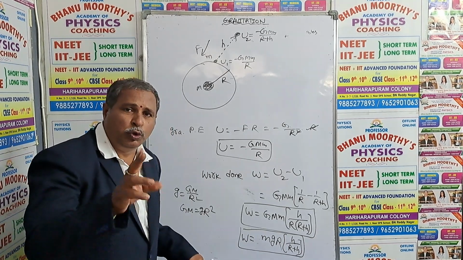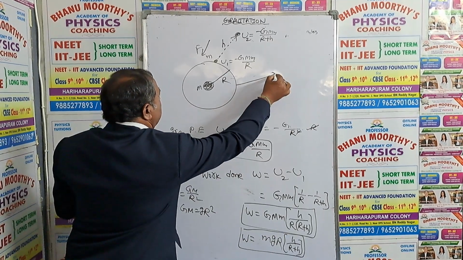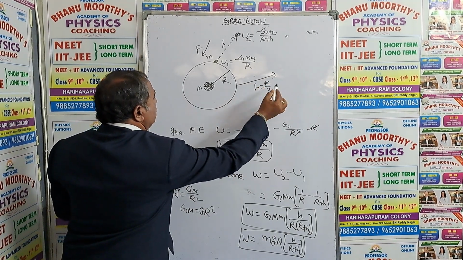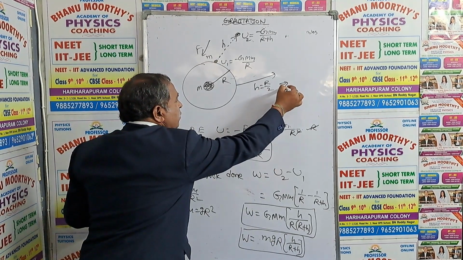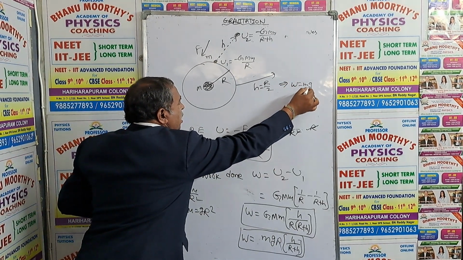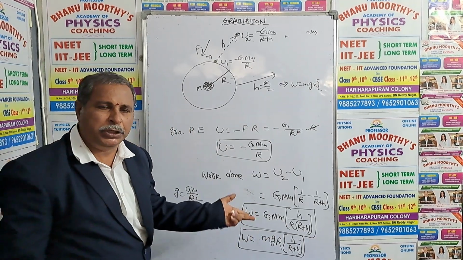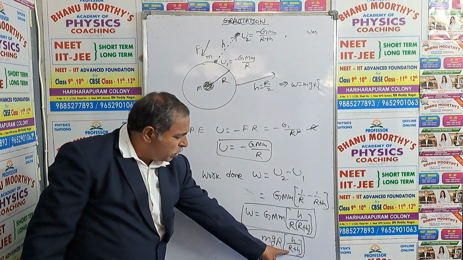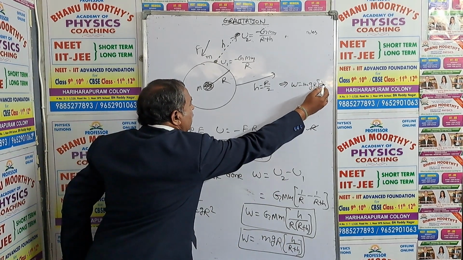Suppose, for example, I am giving you two or three examples. If a body is taken to a height R by 2, what is the work done? Work done equals mgR into h, where you substitute R by 2, over R plus R by 2, which is 3R by 2. That is 1 by 3.